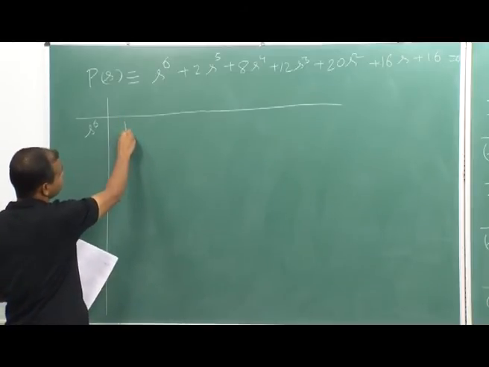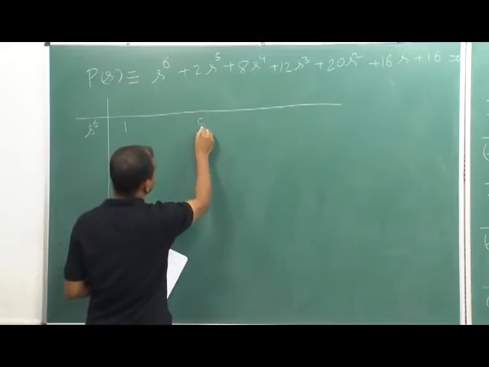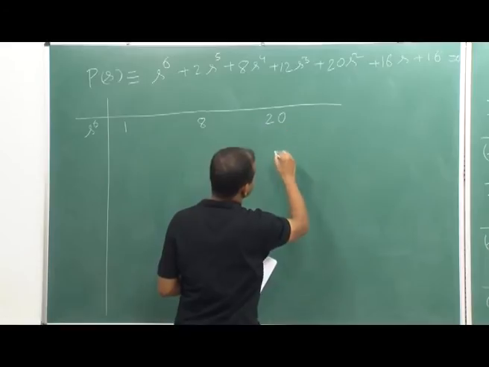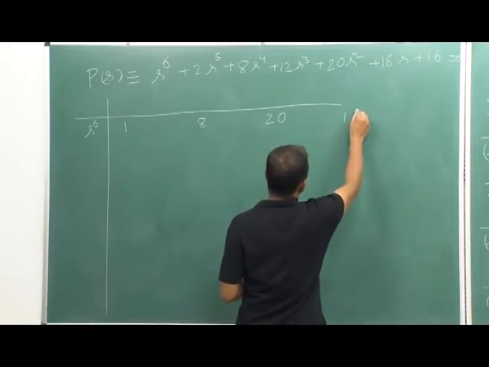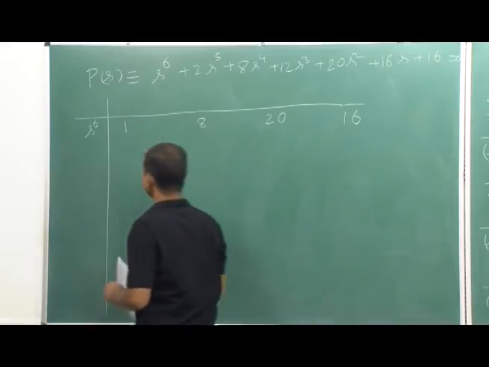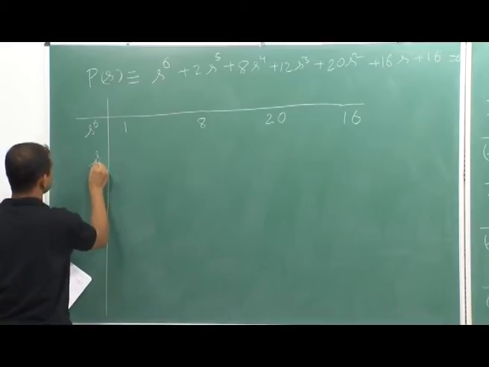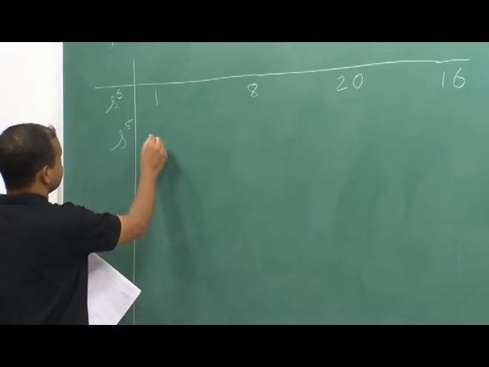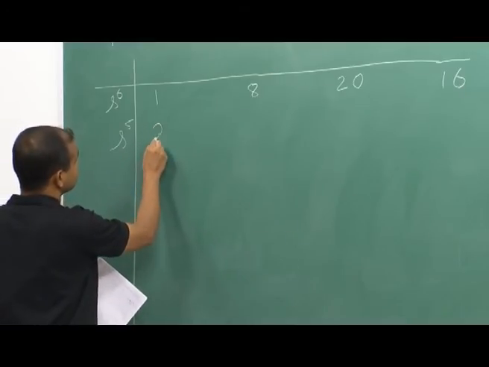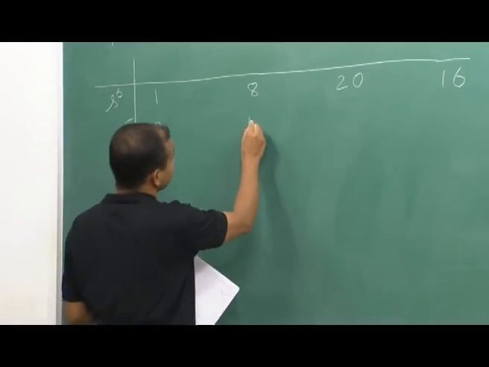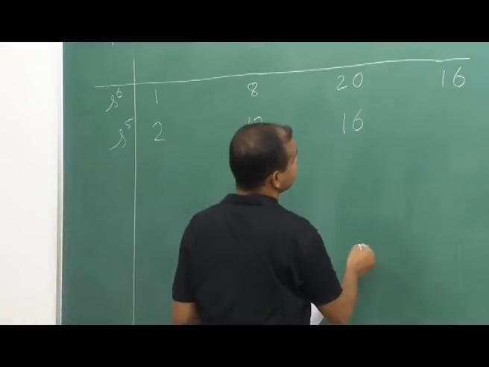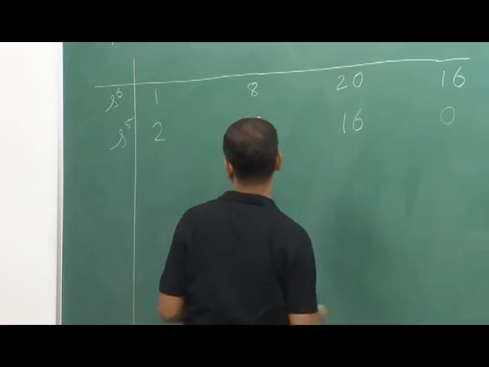So, this will be 1, 8, 20 and 16. Now, the coefficients of s to the power 5 in this array are 2, 12, 16. Here I may or may not write 0.